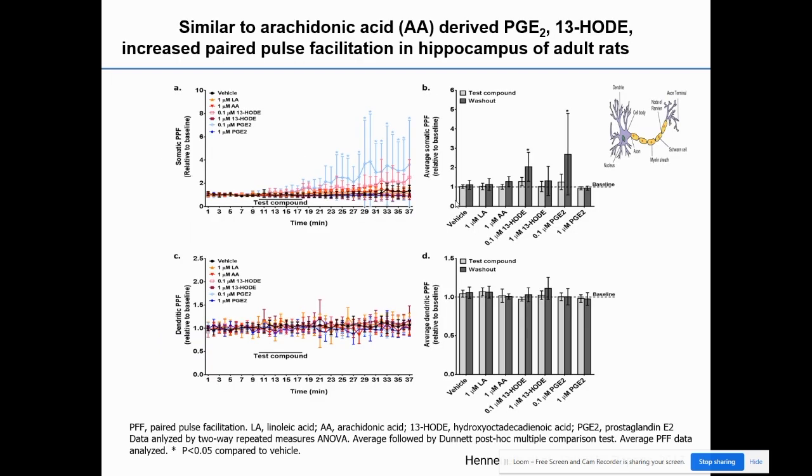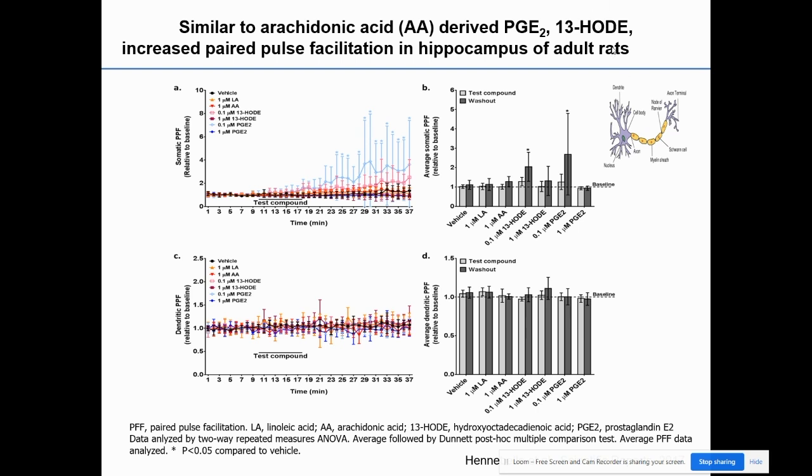We started these studies by simply addressing basic physiological questions. Our first question was, do OXLAMs regulate neurotransmission or brain signaling, in simple terms? And what we found, if I can take your attention to the top right graph here, is that similar to arachidonic acid-derived prostaglandin E2, this may sound like jargon to you, but this is a widely studied molecule, PGE2.